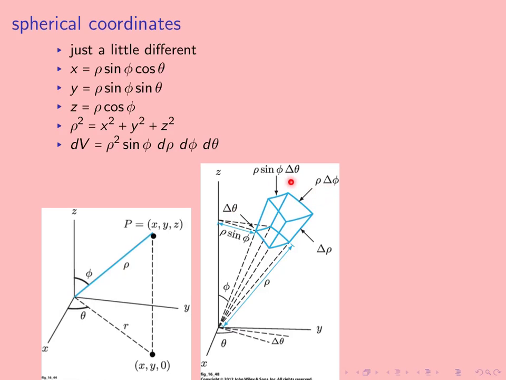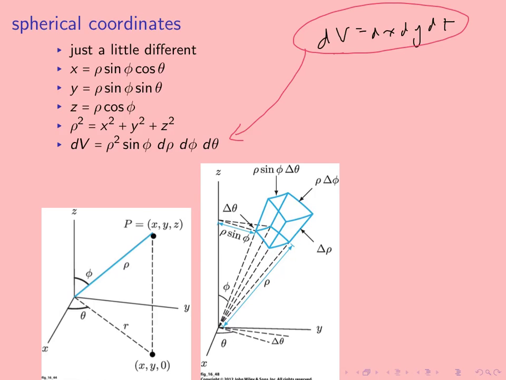Multiplying those three things together, we get the replacement for dV. This replaces dV equals dx dy dz, the rectangular or Cartesian coordinate dV. It's a little bit messier, but it's always exactly the same. There's always a rho squared sine phi piece, and then the d rho, d phi, d theta I can put in any order that I choose.